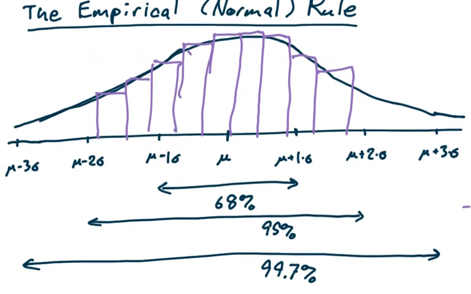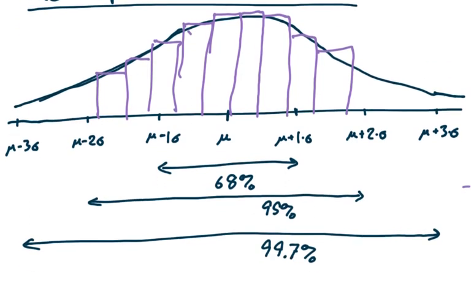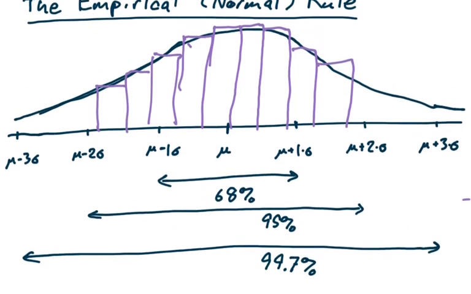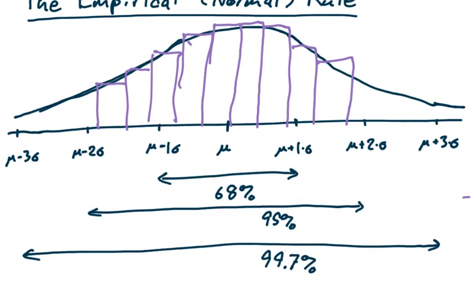then we have a different proportion of values that are going to be falling within the center. So here, if our data is normally distributed, then 68% of the values are estimated to fall within just one standard deviation.